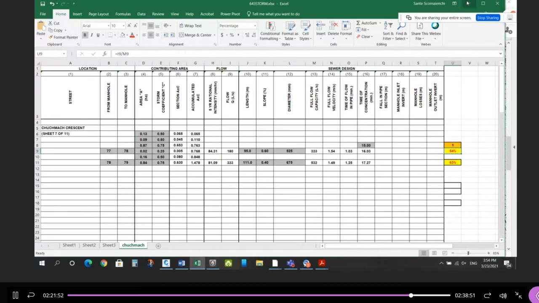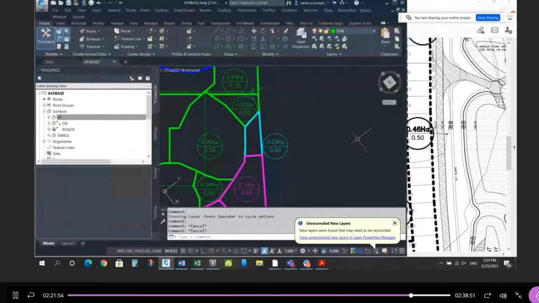Okay, so that's an interesting bit of analysis that happens, right? If you're going to change drainage divides from originally proposed to a new concept. And it's of particular interest if the pipe that you're impacting or changing is already built, right? I can't change the size. I can't change the slope of those two pipes on Chuchmak. So whatever I do, it better not negatively impact them.